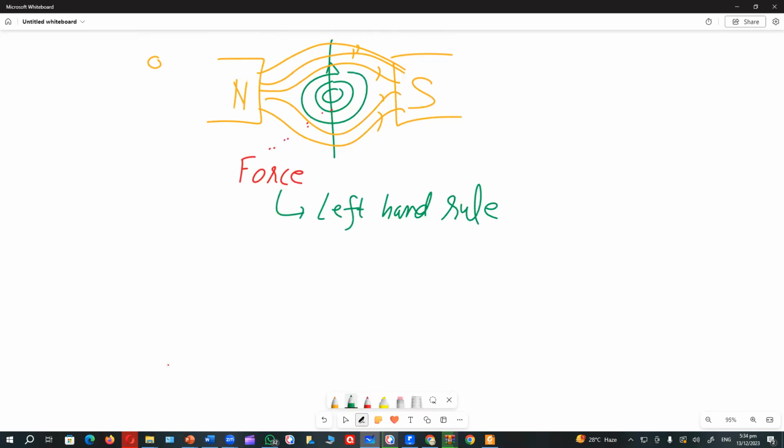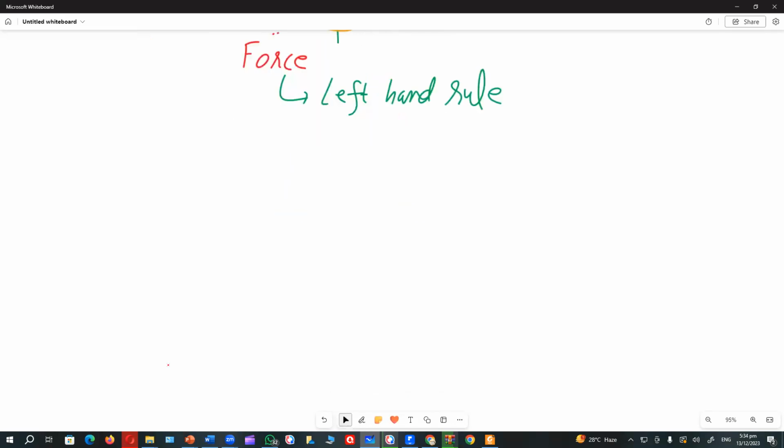Fleming's left-hand rule is also applied to a very important situation, which now I am discussing. Suppose this is a magnetic field directed into the page. Now, suppose the charged particles are coming from here. This is an electron, so the current will be in the backward direction.